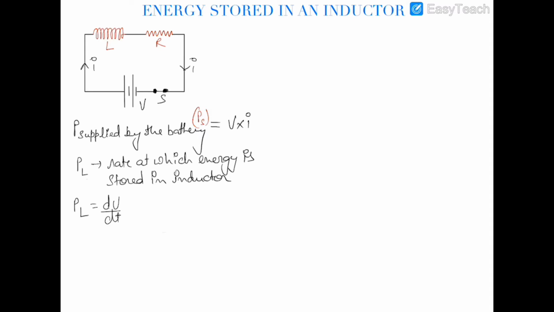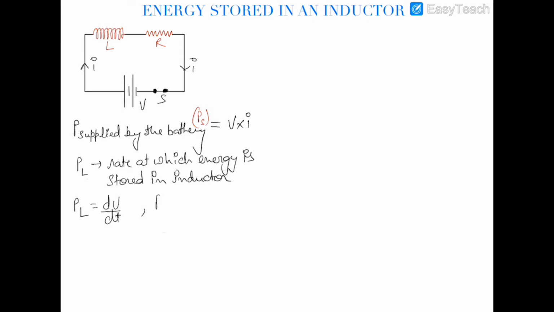Now we know that the dissipative part of this inductor is this resistance, which means that any energy loss across this inductor would be across this resistance, because this resistance is the internal resistance of this inductor coil. So this is the heat loss across resistance.